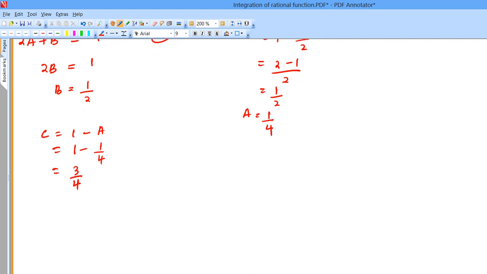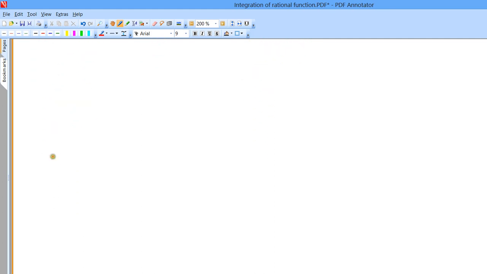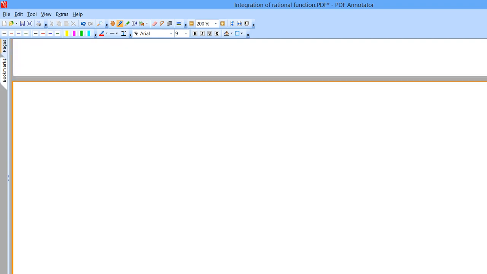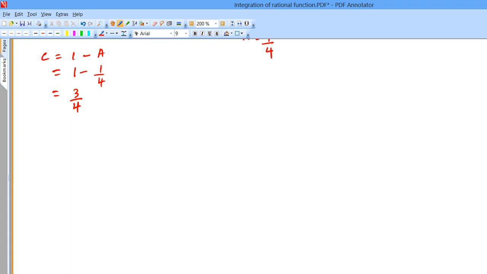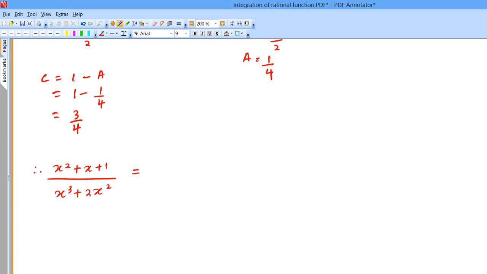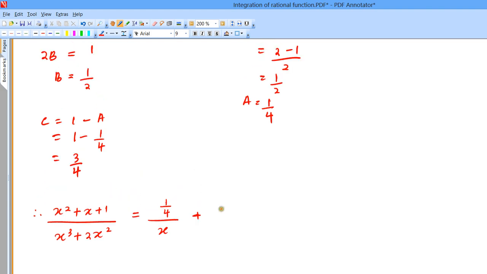So we can write our function as (x² + x + 1)/(x³ + 2x²) equal to, so we have the value of A equal to 1/4, so (1/4)/x, plus B we have 1/2, so (1/2)/x², plus, and C we have 3/4, so (3/4)/(x + 2).